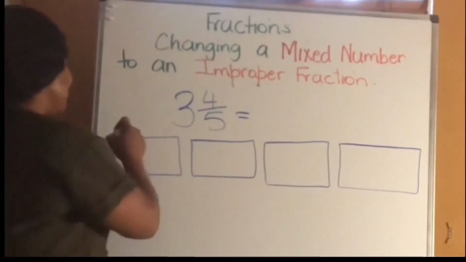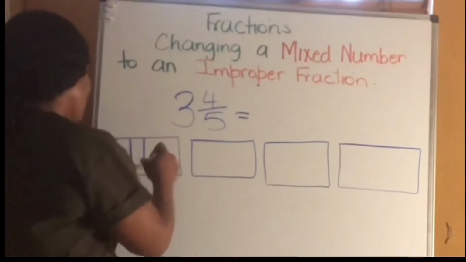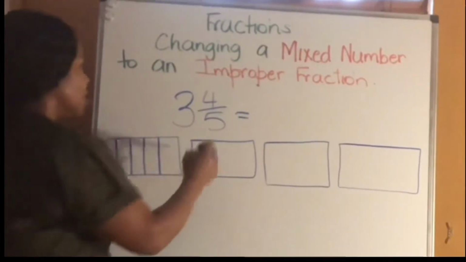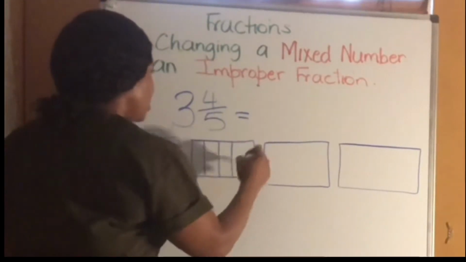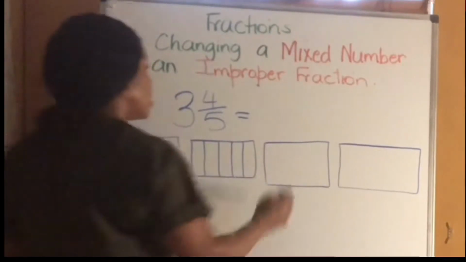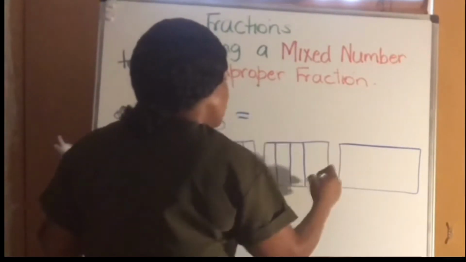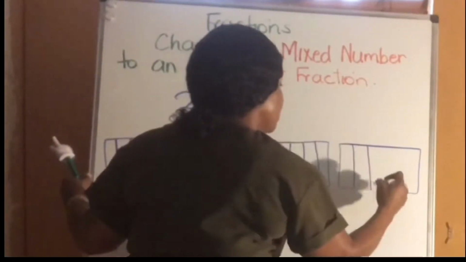So it means that I'm going to divide each of these into 5 equal parts. 1, 2, 3, 4, 5 equal parts. And 5 equal parts.